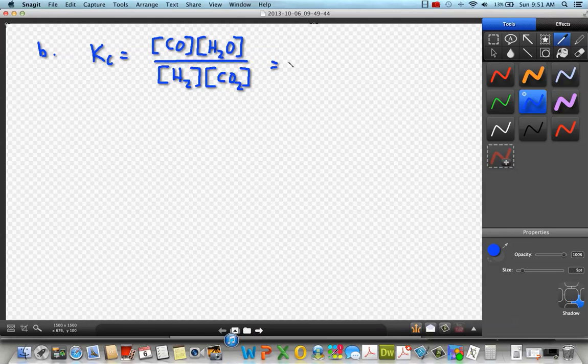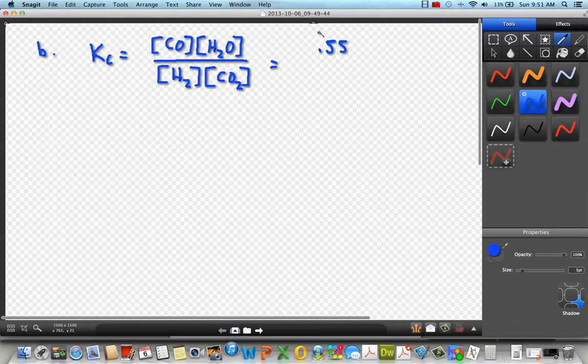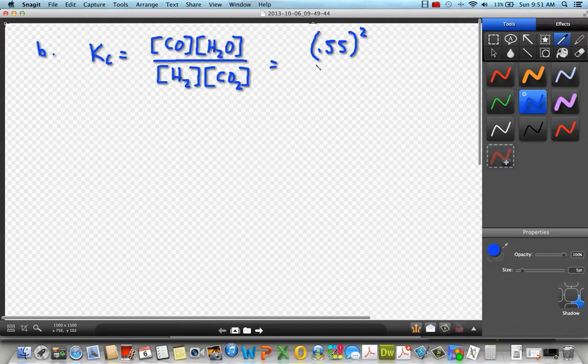So just plugging in our values, we are going to have 0.55 squared divided by 0.3 divided by 0.2. And again, now we have ourselves a situation where we plug and chug.